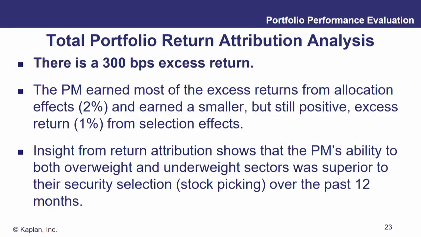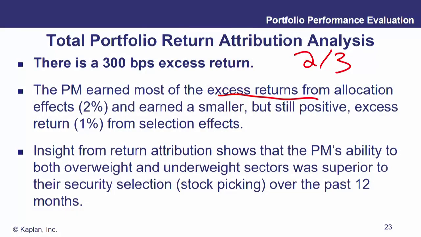Okay, so there's a 300 basis point excess return. And as I mentioned, the portfolio manager earned most of this excess return, in fact 2% of the 3%, basically by these allocation effects or these sector weightings that they did. Now, in regard to stock picking, it was a smaller effect, but it's still positive. So what insight can I glean from this?